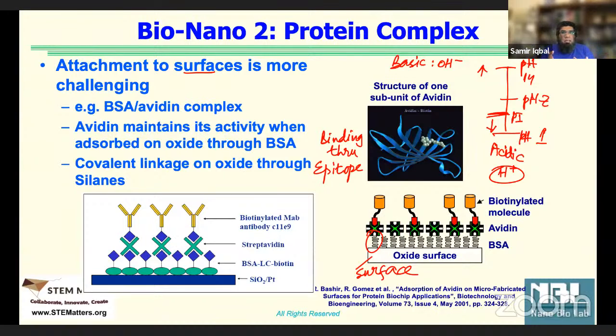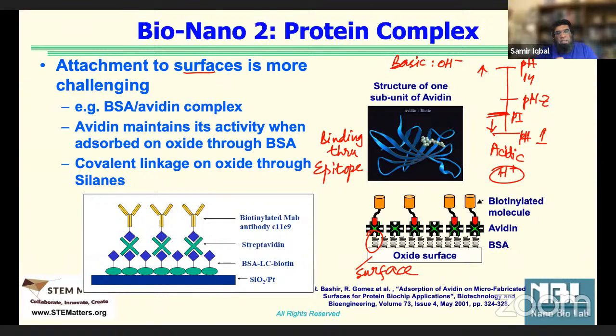Biotin is vitamin H, or I think it's B7. It's water soluble, and avidin is a glycoprotein which is found in egg white, and in birds, reptiles and amphibians. There are lots of places where it is isolated, and it has 4 identical subunits.